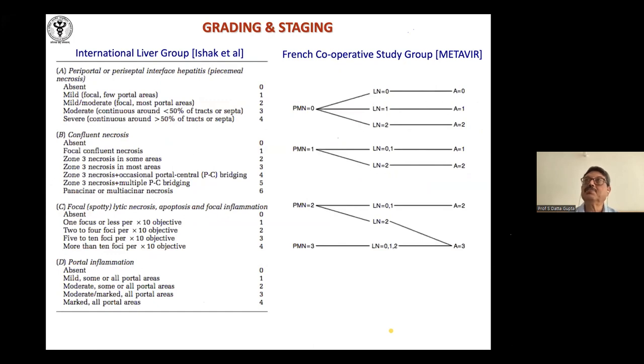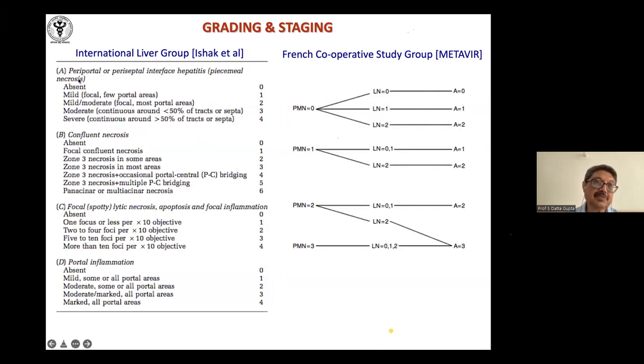Staging is how far the malignancy has spread, and grading is how much the cells resemble the original, or differentiation. So the same thing was applied here by pathology. Grading is how much inflammation there is, and staging is how much the fibrosis has progressed to cirrhosis. And these are two independent factors.